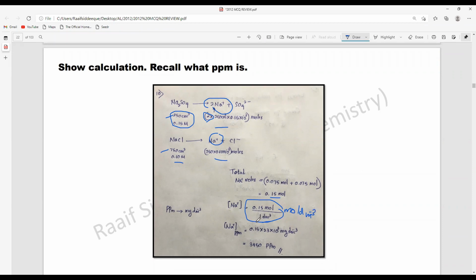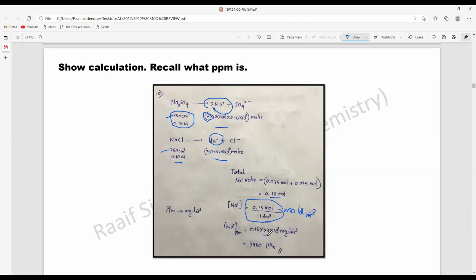So how do you convert these moles into milligrams? First thing, you can multiply it by the molecular weight of sodium, because here you are considering only the ppm of sodium, not other species. So you have to multiply the concentration by the molecular weight of sodium.